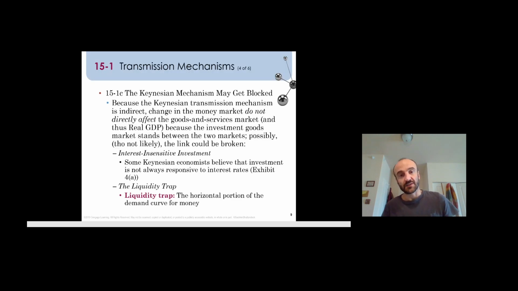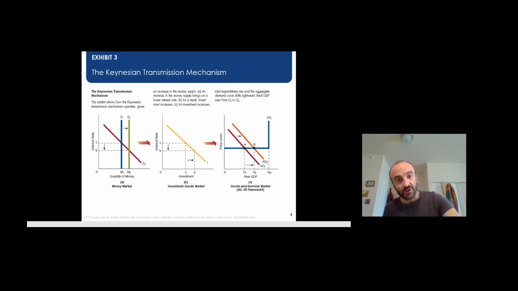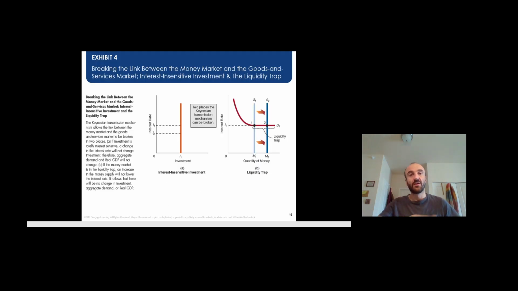Even if you succeed in this, let's assume now for a moment that you succeeded in moving the interest rate down, things can go wrong on the second step here, investment. If investors do not believe that the business prospects are good, that they can expand productive capacity, increase production, hire more workers, and so on, because they anticipate the demand for their goods and products to be lower in the future, because they expect recession, for example, then even if you give them a lower interest rate, they will be very reluctant to increase production.